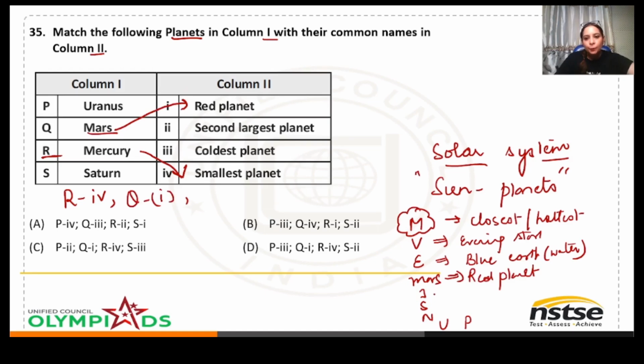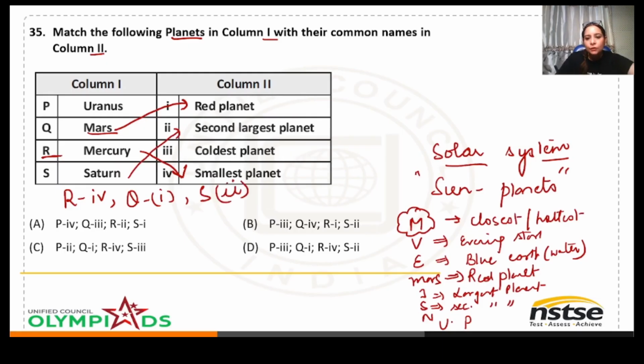Then we have Jupiter. Jupiter's important characteristic is that it is the largest planet. Okay, so we don't have Jupiter here. Saturn, if I talk about Saturn, Saturn basically is the second largest planet. So that means S matches with 2.